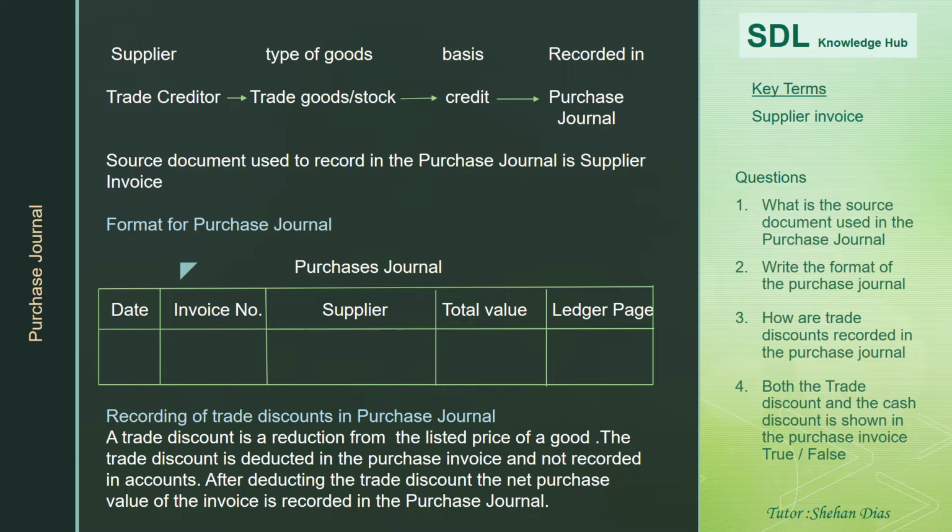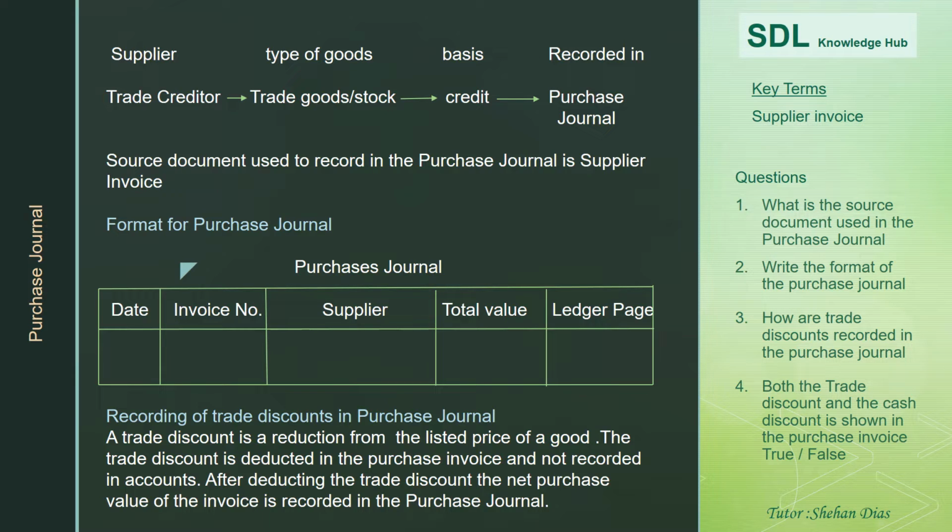And here the purchase journal format is given, which has columns of date, invoice number, supplier, total value and ledger page. Then when recording trade discounts in the purchase journal, like in the cash book, trade discounts are recorded only as the net after discounted price.